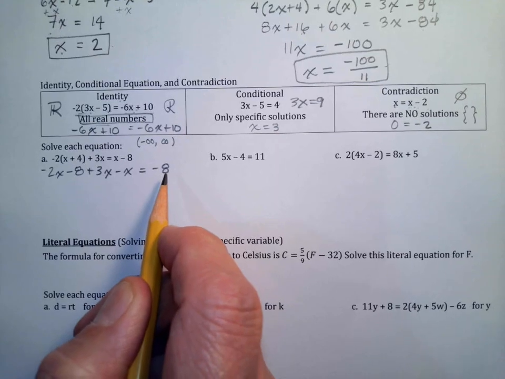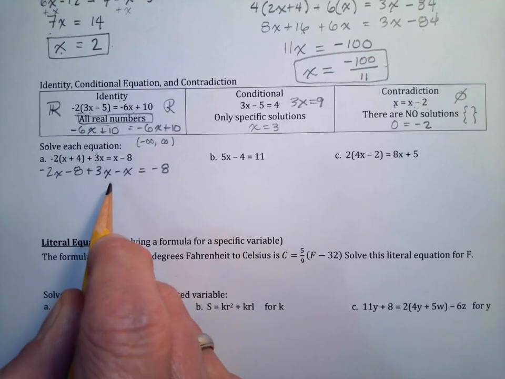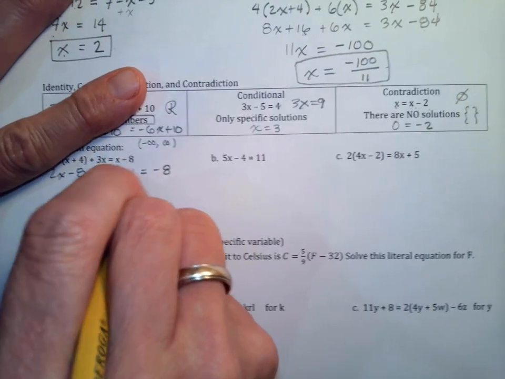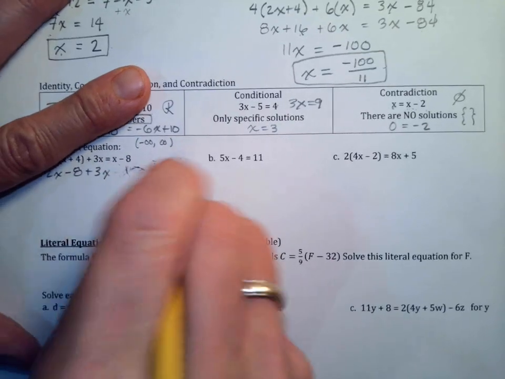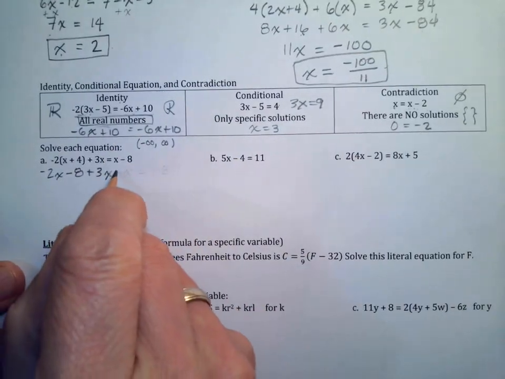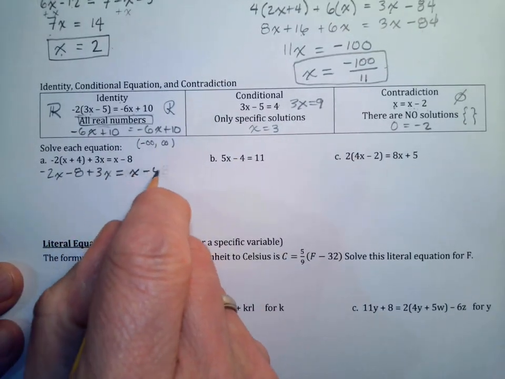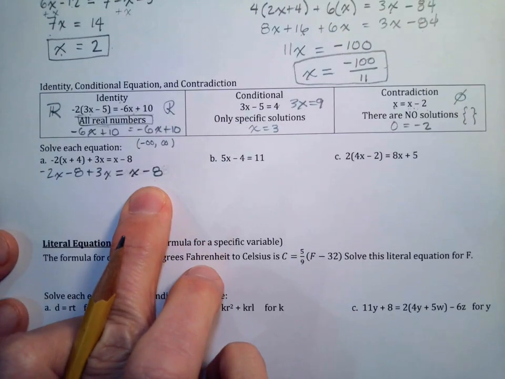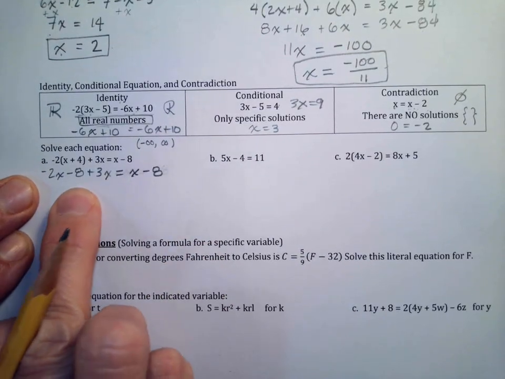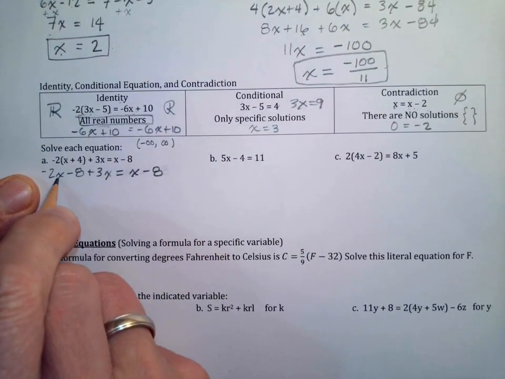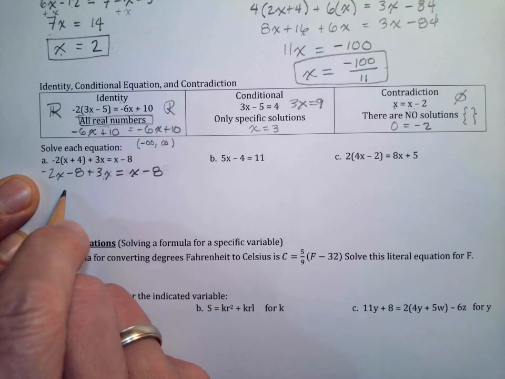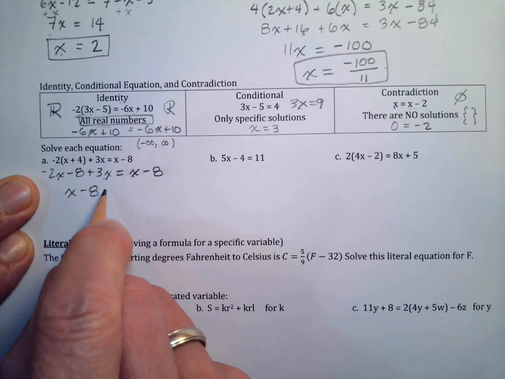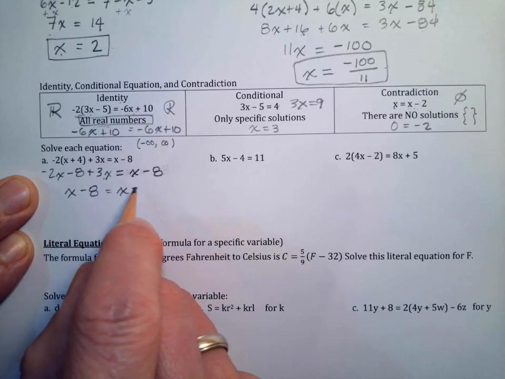Or you know what? Let me leave that for right now. Probably be obvious in a second. x minus 8. So let's leave the right-hand side alone. And then let's just simplify the left-hand side. So I'm going to add negative 2x with 3x. So that's x minus 8 equals x minus 8.